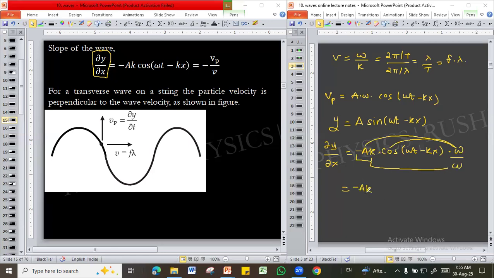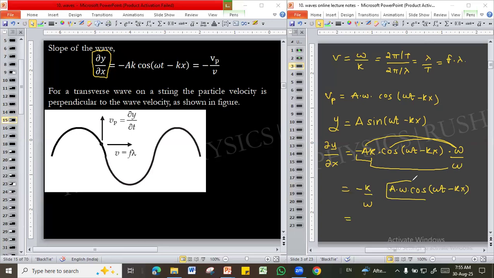So minus A k by omega, not A, A is already taken. You have to write A omega cos(omega t minus kx) separately, and this minus k by omega separately.